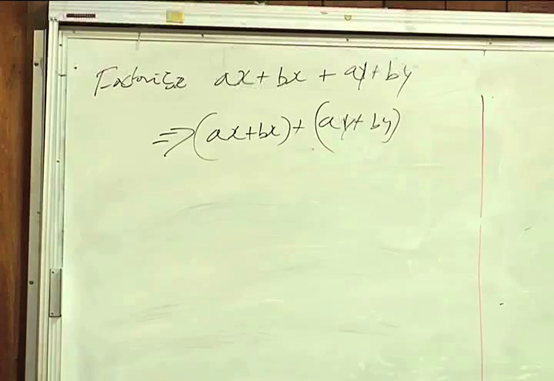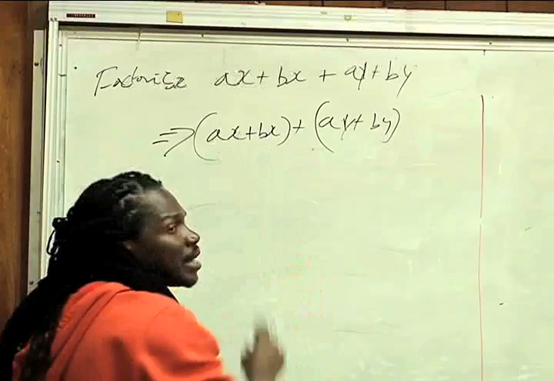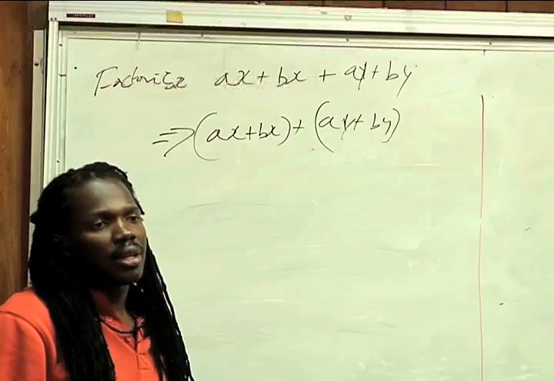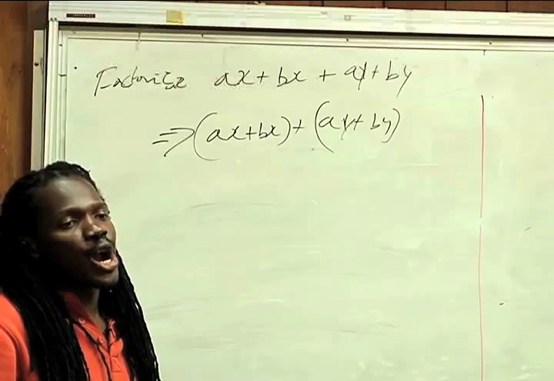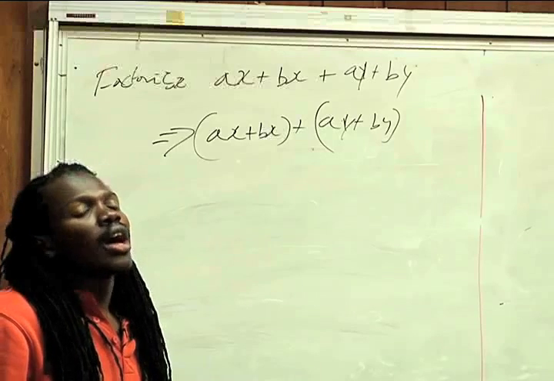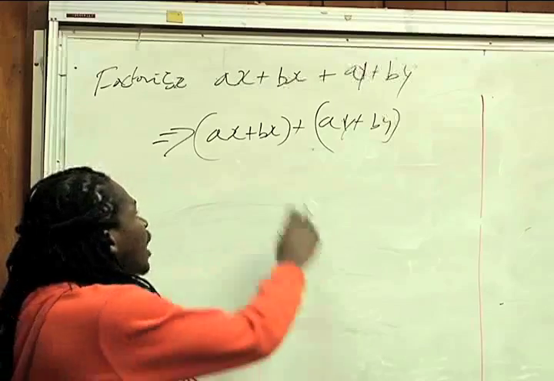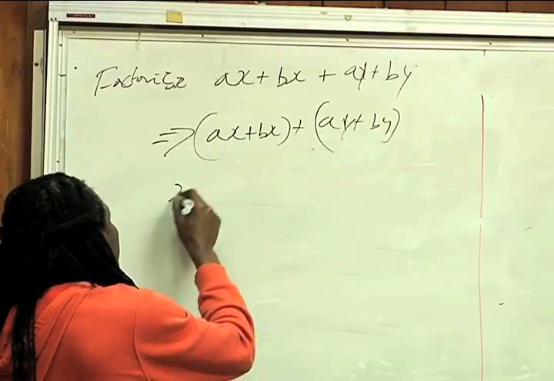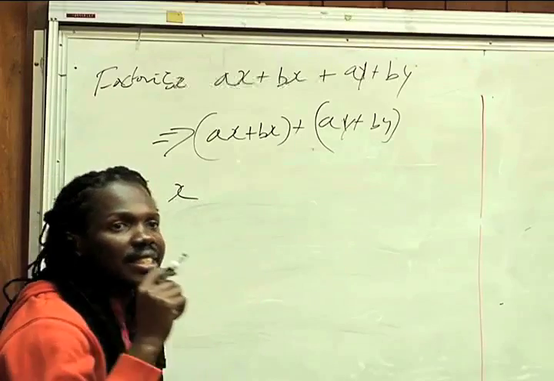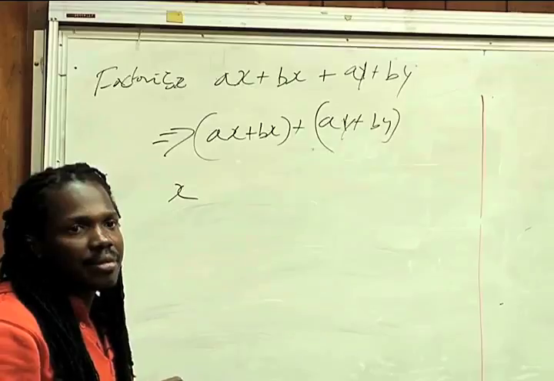The first thing you're going to do now is to say, in this bracket what number is common? None. Then what letter is common? X. What is the highest power that the common x is?